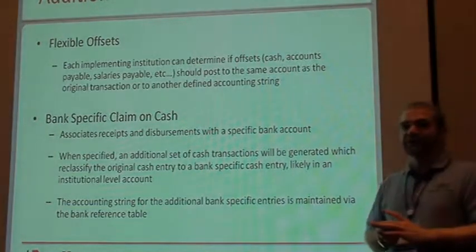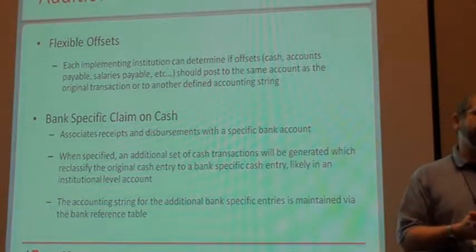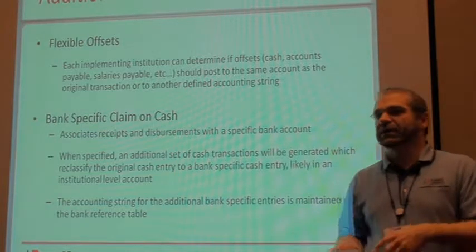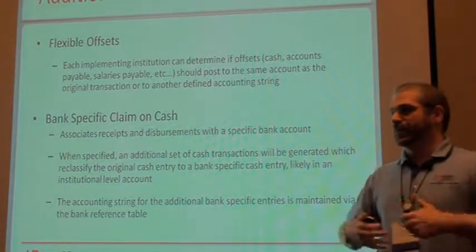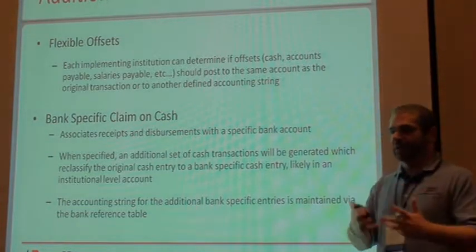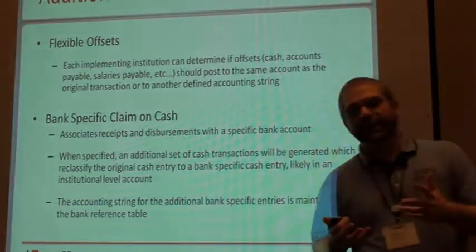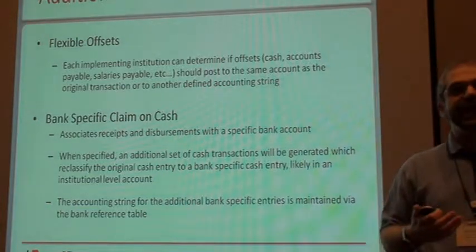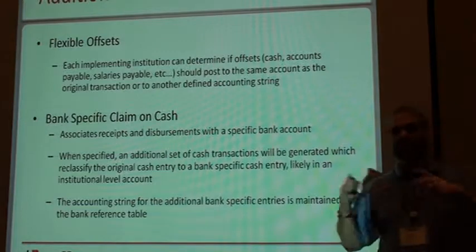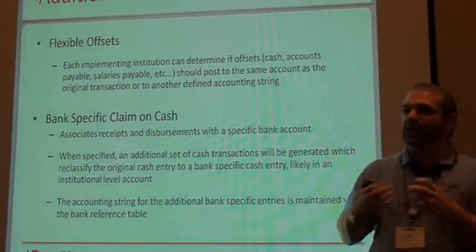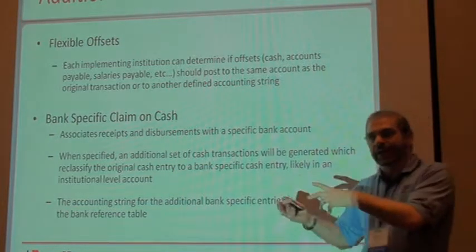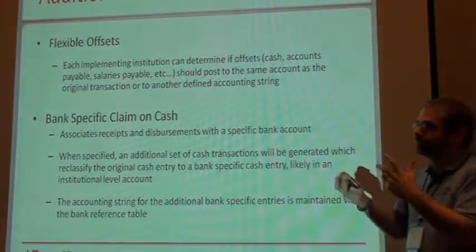One is flexible offsets. The default configuration of KFS is when you enter a transaction and it generates an offset, it puts that offset in the same account as the original transaction. So if I debit expense on account A, it creates the offset for that debited expense in account A. A lot of institutions want to keep those offsets somewhere else. I don't want the offset in the same account, I want the offset in a central account, or in an account at maybe the campus level.